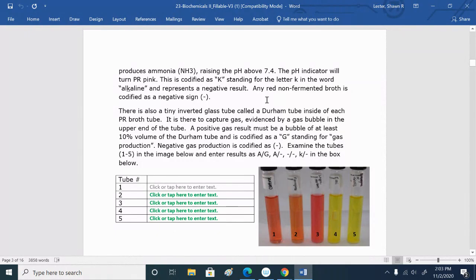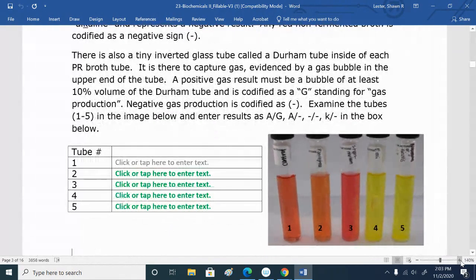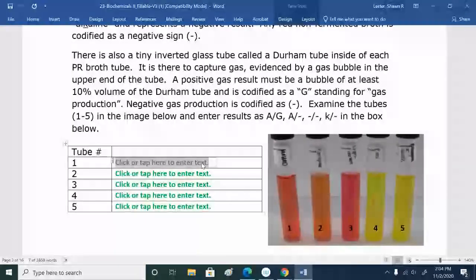Let me make this a bit bigger. So in our first tube, it's still the original red color, and of course, no gas bubble. How would you score this? Tube number 1.